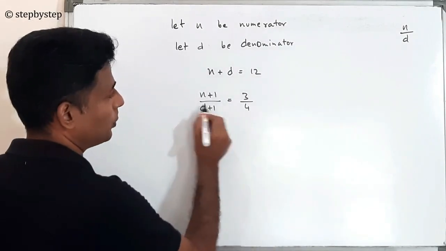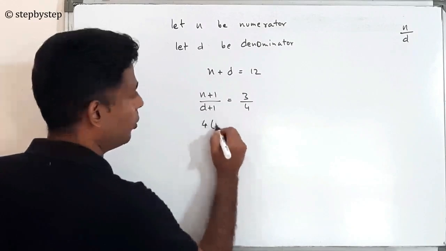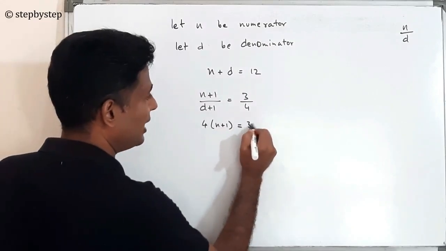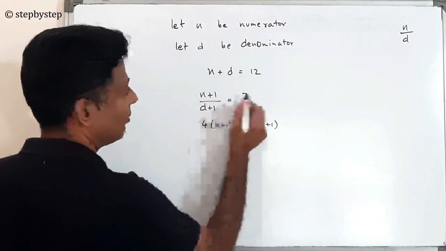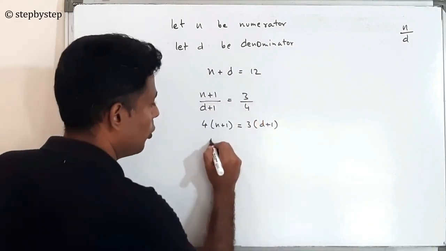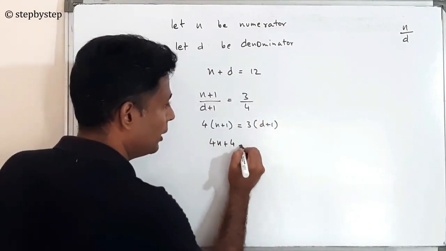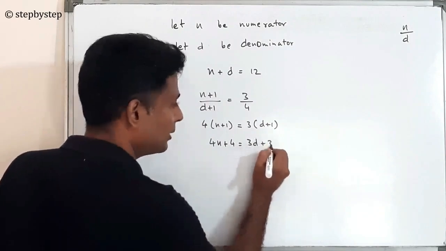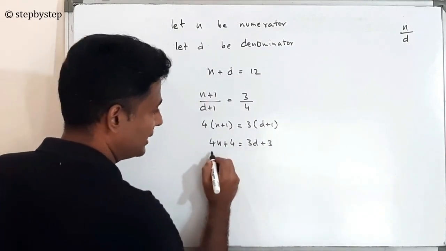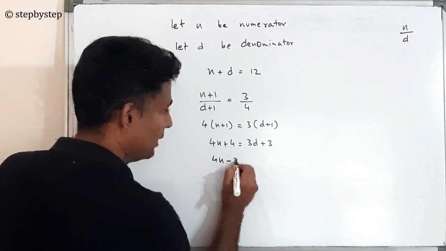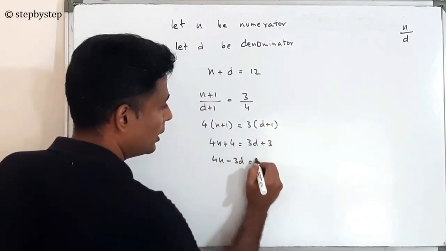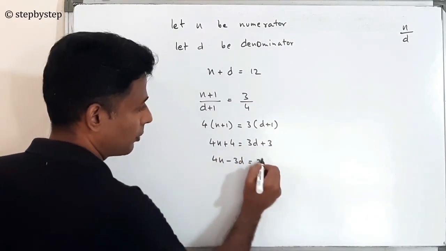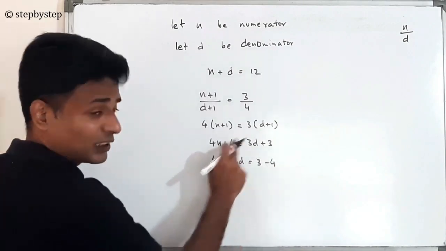Now here I'll transpose. So it becomes 4 into n plus 1 equal to 3 into d plus 1. Opening the brackets, 4n plus 4 equal to 3d plus 3. I'll bring the d term this side, 4 that side. So I get 4n minus 3d equal to 3 minus 4, right? 3 plus 4 becomes minus 4.